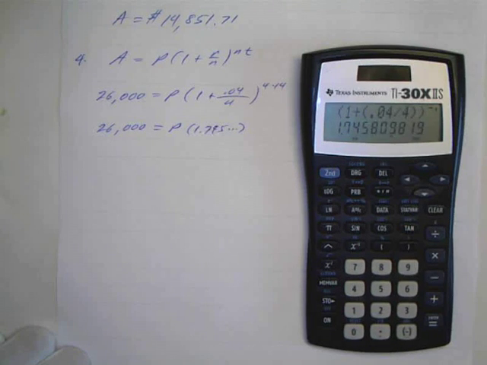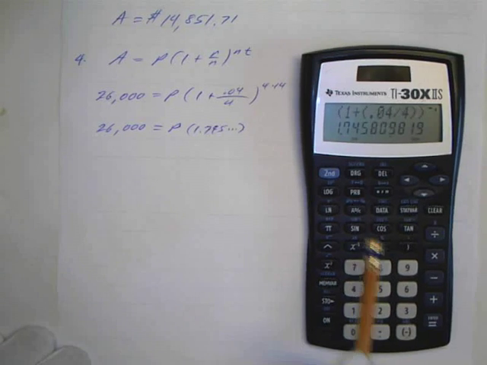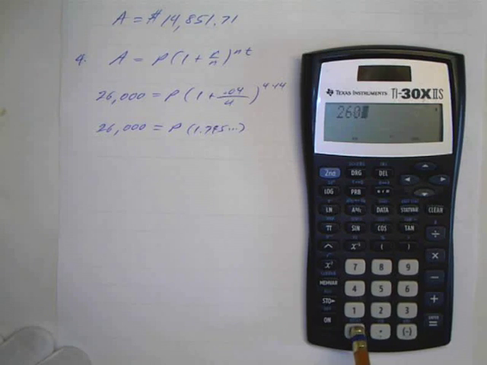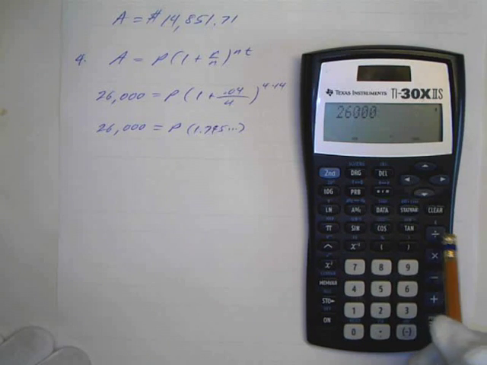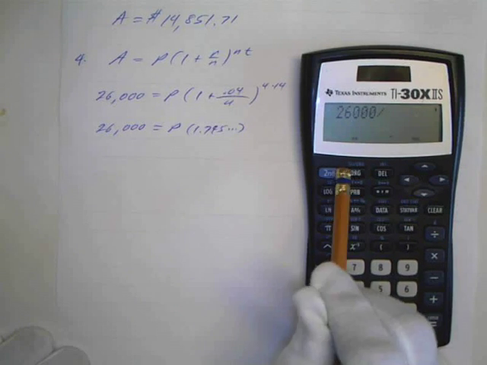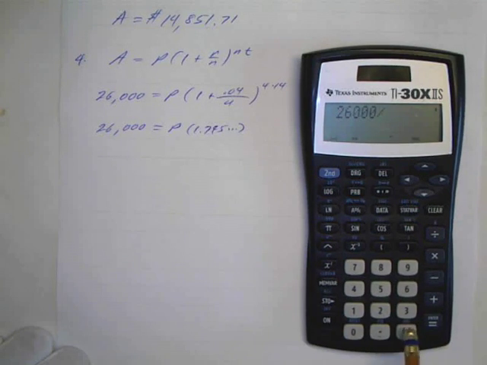That's all right, because all I have to do is say 2,600 divided by, and then if we put second answer, that's going to divide it by what was in here. That's our answer. So we'll put 2,600 divided by, and second answer, and then press enter.